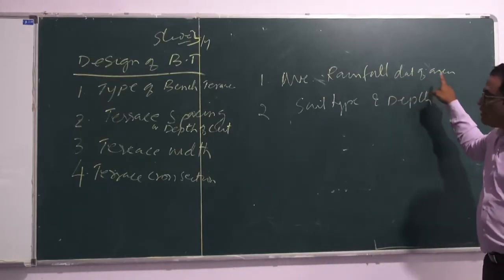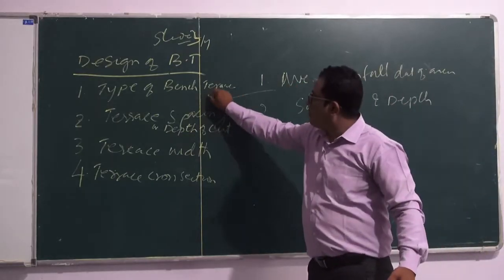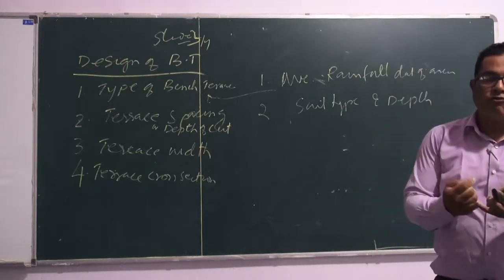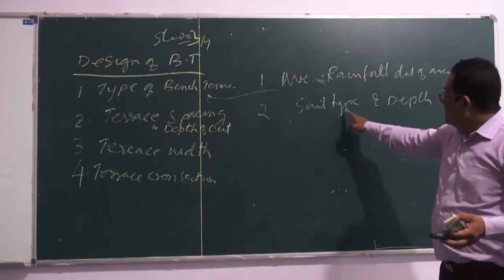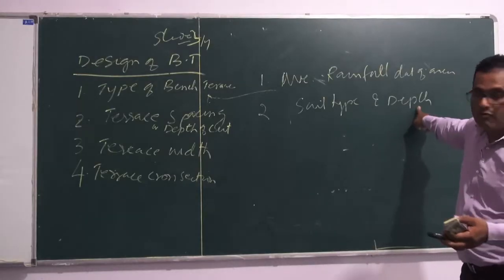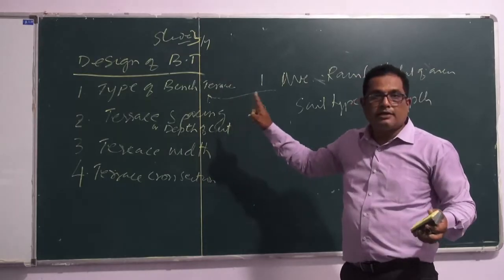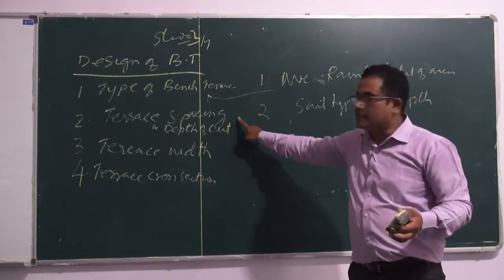The average rainfall data would be required for understanding the type of bench terraces that we have to construct. Do we go for inward sloping, outward sloping, or level? And soil type and depth of soil would be required for determining the terrace spacing.